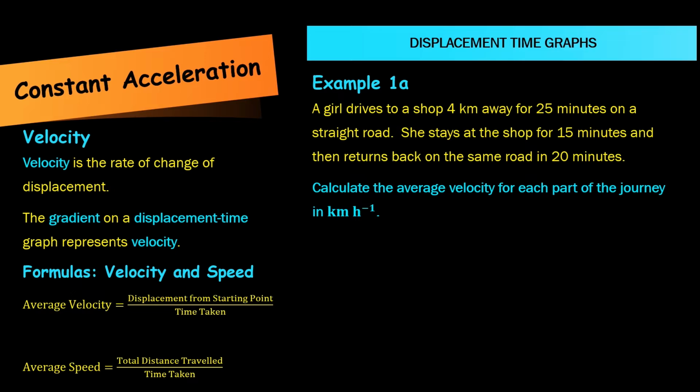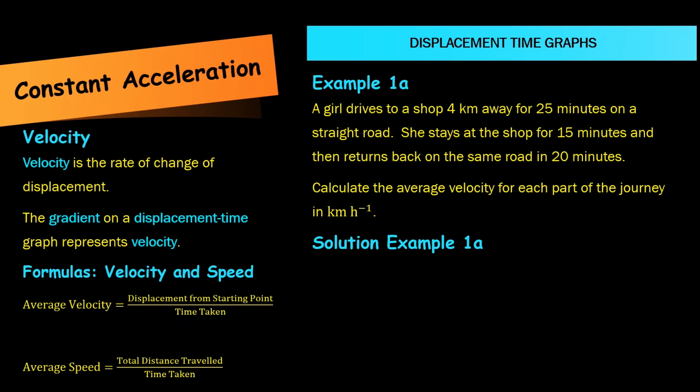She stays at the shop for 15 minutes and then returns back on the same road in 20 minutes. Calculate the average velocity for each part of the journey in kilometers per hour. So here are the key points in the example which have been highlighted in red.